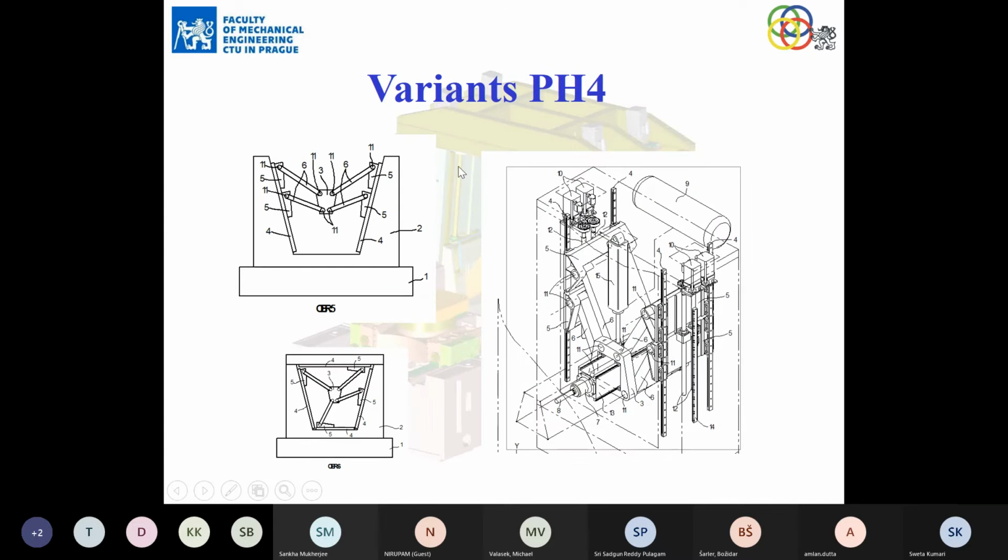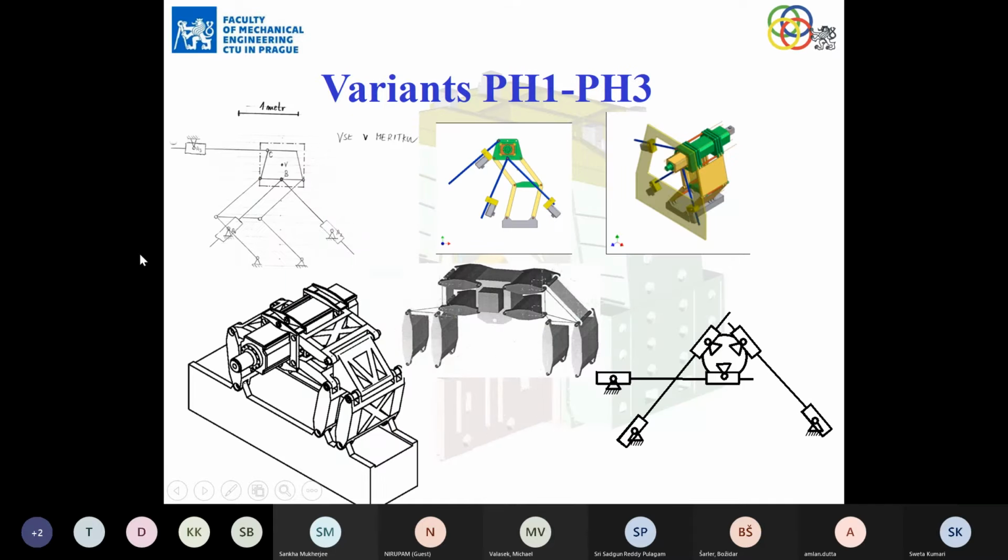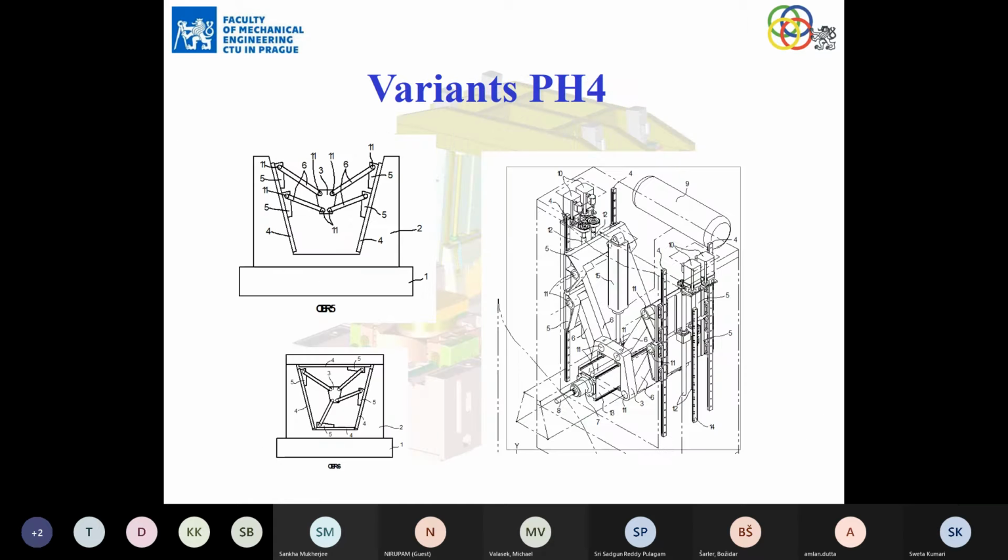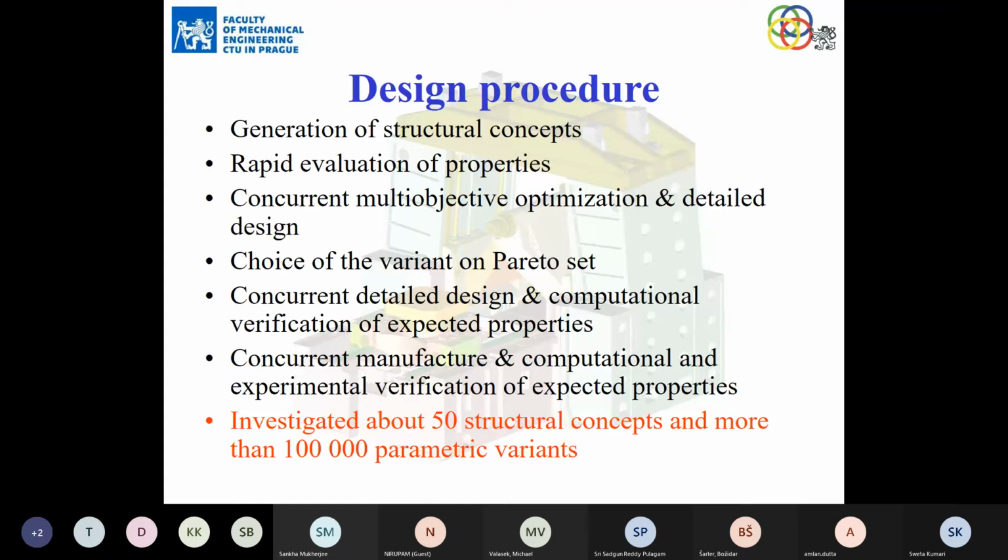Finally, we decided on this fourth variant because, surprisingly, the previous variants were improving dynamics but not stiffness much, and it's the wrong way not to improve stiffness if you have more rapid dynamics. So we came to this variant 4 that was offering potential for improvement of both. And we applied our design procedure.